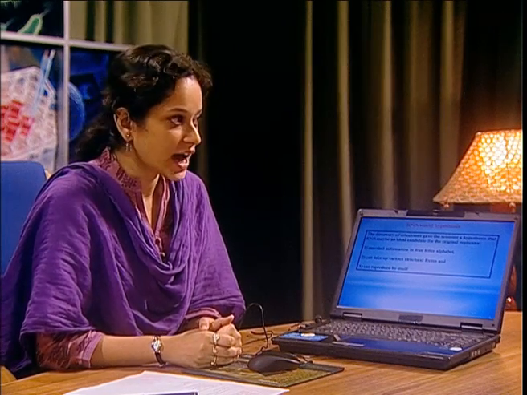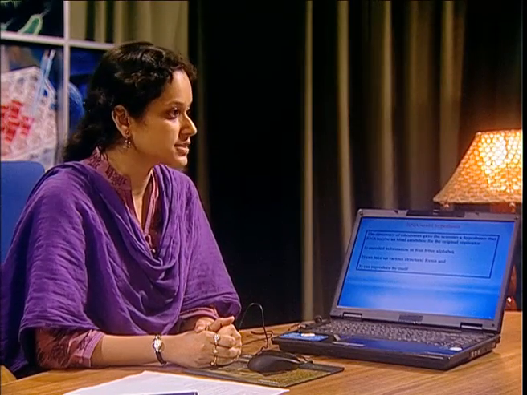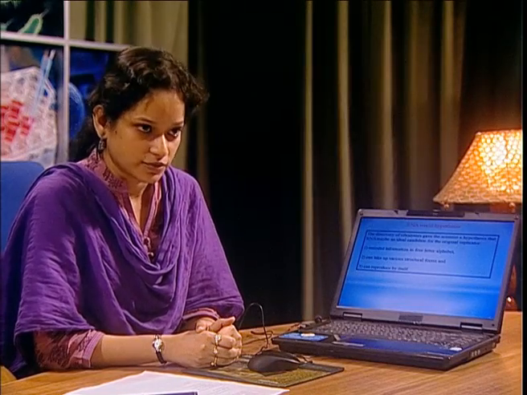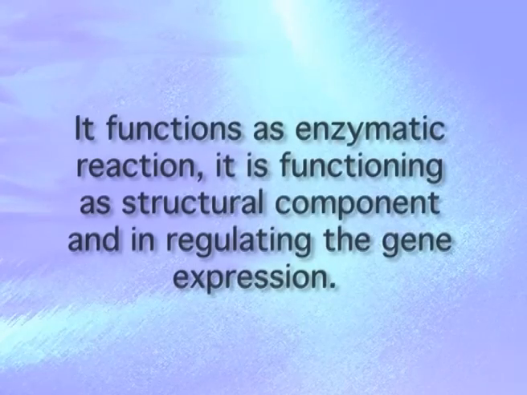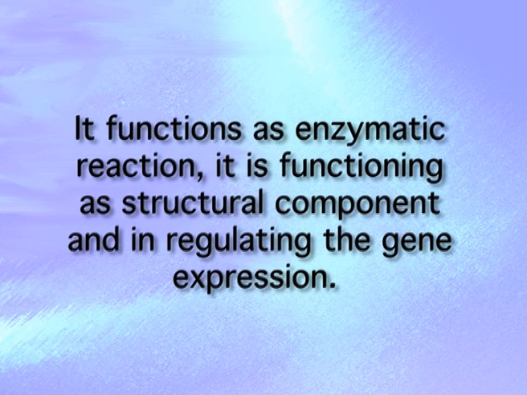So seeing the diverse functions which RNA plays inside a living cell, it was put forward that RNA serves as the progenitor molecule giving rise to the origin of life. Because it functions in enzymatic reactions and as a structural component, and in regulating gene expression, it was thought so.